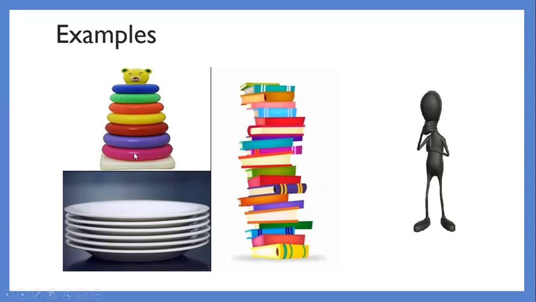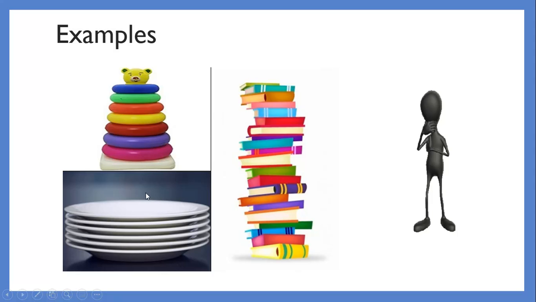Okay, the rings, one ring on the other ring. Or another example is books on top of each other. Or plates. We can say this is a stack of rings, a stack of books, or a stack of plates. Correct. So these are a few examples of what we can call a stack.